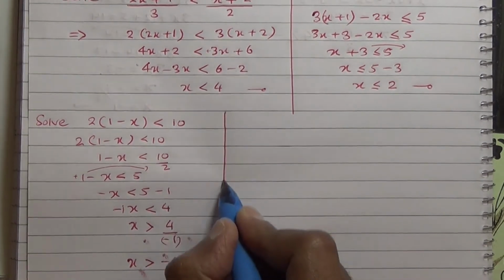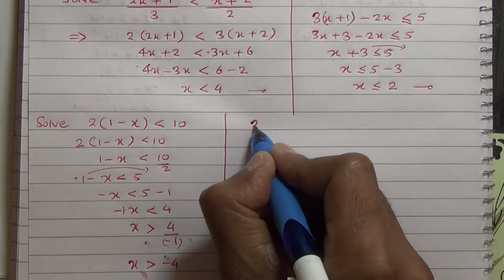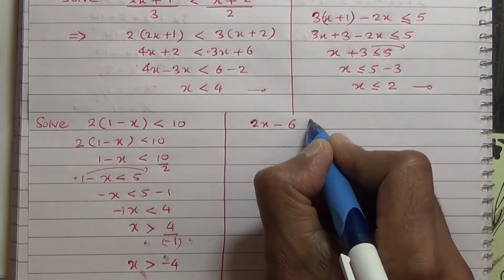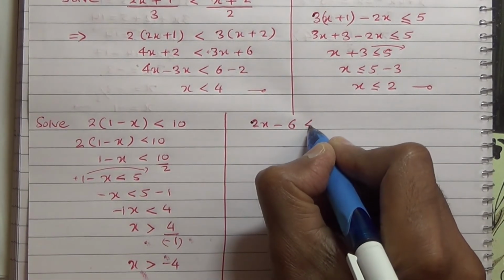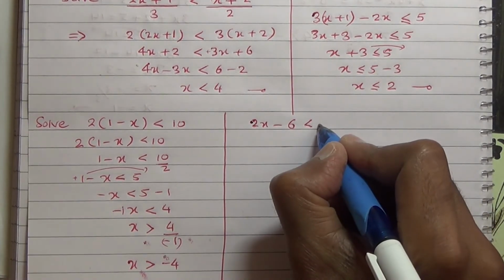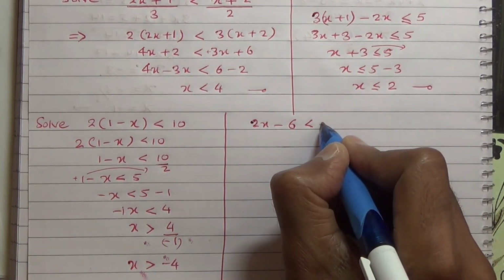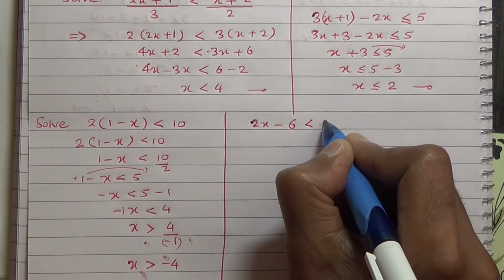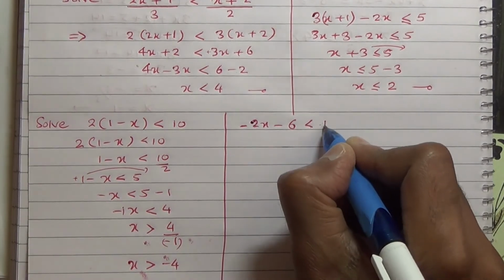Let me just take another example to make it clearer. We can have 2x minus 6 less than minus 2x, less than 10.